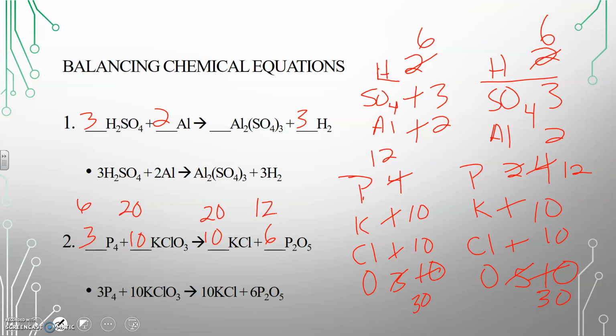Now what you notice with all 4 of these numbers is that they are all divisible by 2. So you do need to be careful and make sure that you have the lowest set of numbers for your chemical equations, because putting in 6, 20, 20, 12 is incorrect, because you can divide each of those by 2. So you have to have them least common. So 3, 10, 10, and 6.